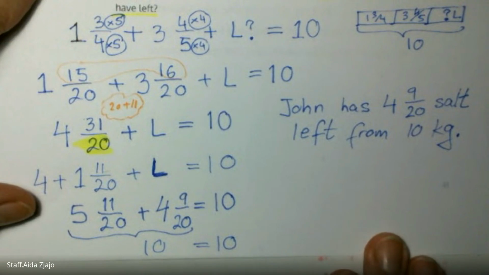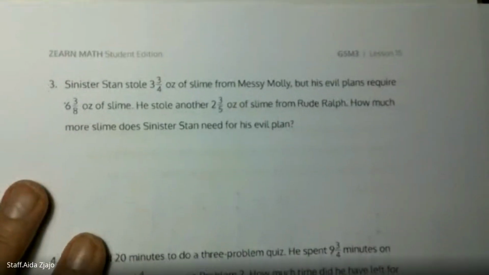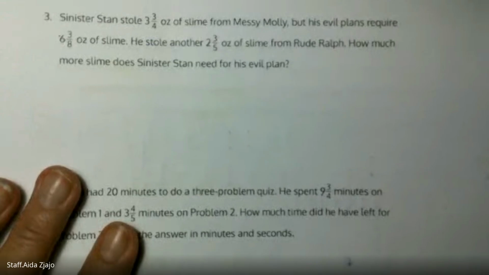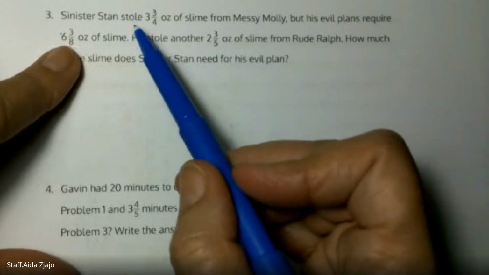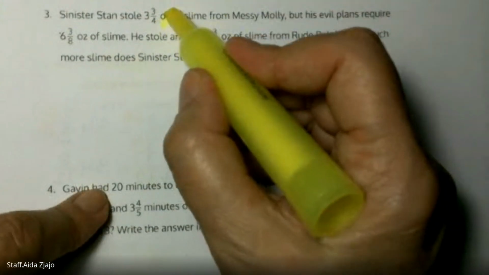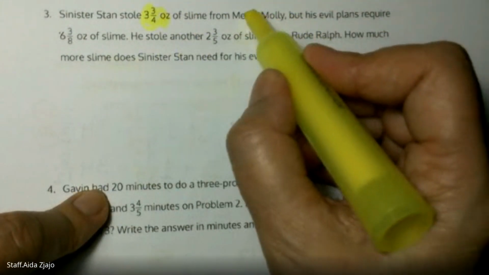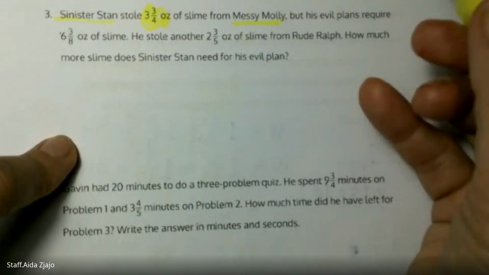And that was the problem set. We will go to question number 3. Okay. Sinister Stan stole 3 3/4 ounces of slime from Messy Molly. These are imaginary characters.